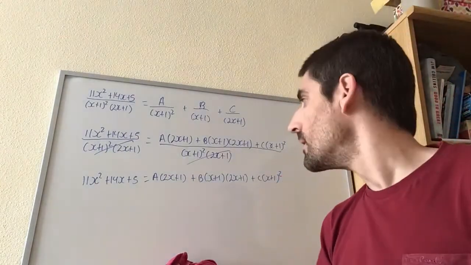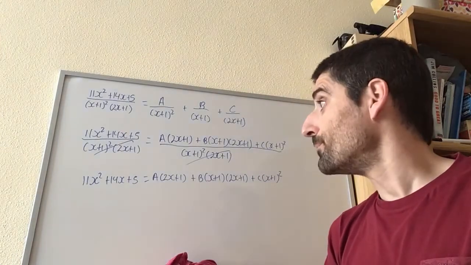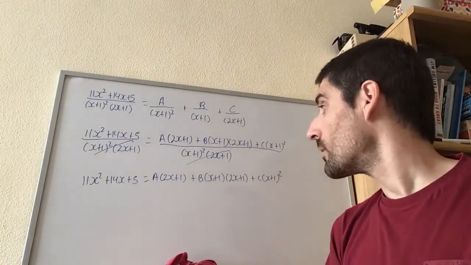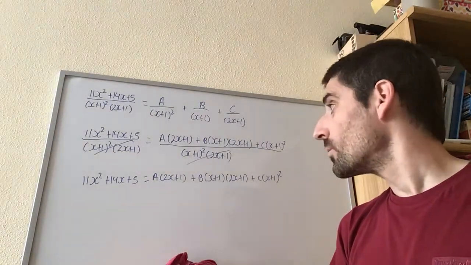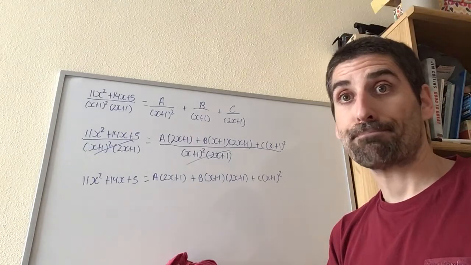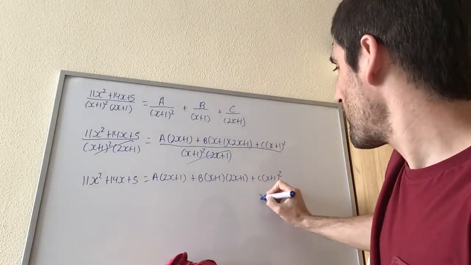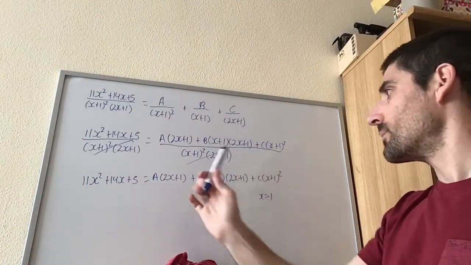Now we're just going to substitute values of x and see what we get. What are the clever values of x to substitute in there? Well, the first one would be minus 1. Because when x is minus 1, that term will go to 0, that term will go to 0.